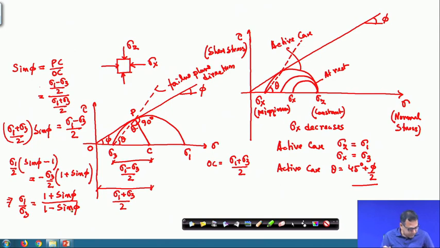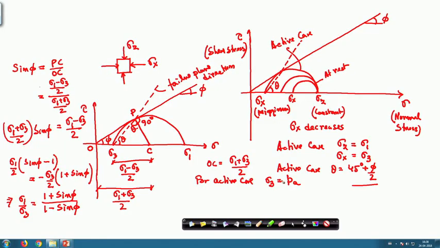So, as it is mentioned that for the active case, your sigma x is equal to sigma 3. So, I can write sigma 3 is equal to the active earth pressure, okay, because that sigma x is acting in the lateral direction, which is the lateral earth pressure.